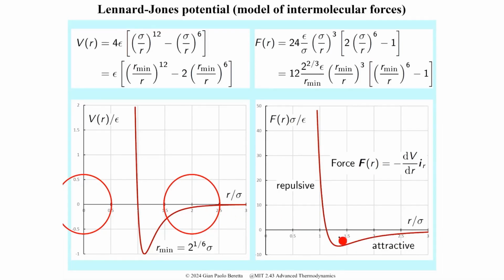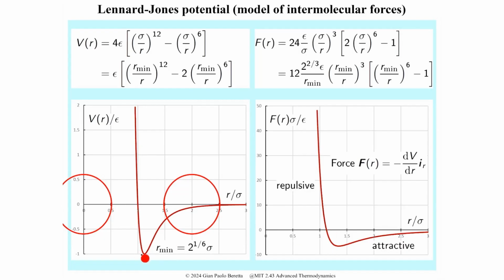So up to this point, which is about here, the derivative of V is positive, so the force is negative. Up to this point where it is 0, we get to the minimum.